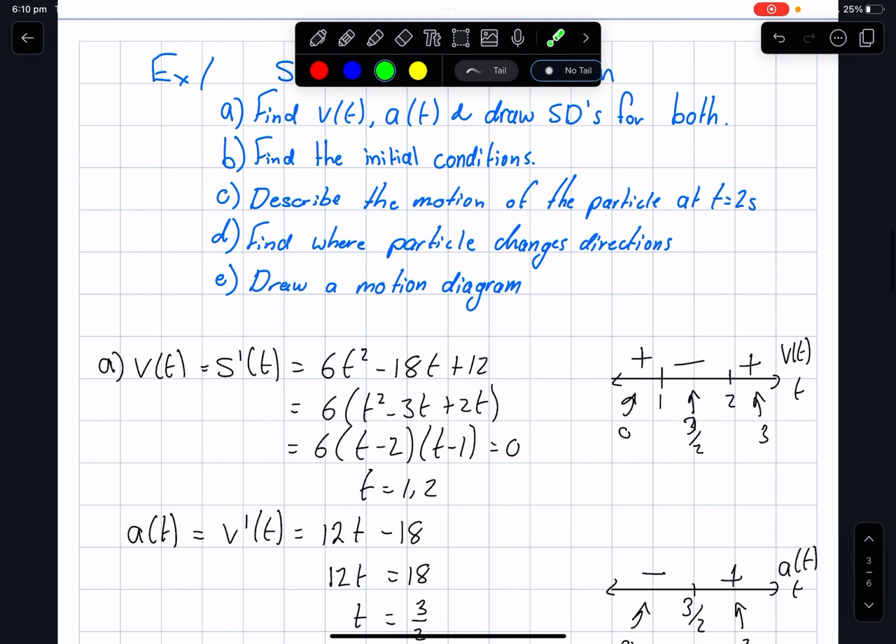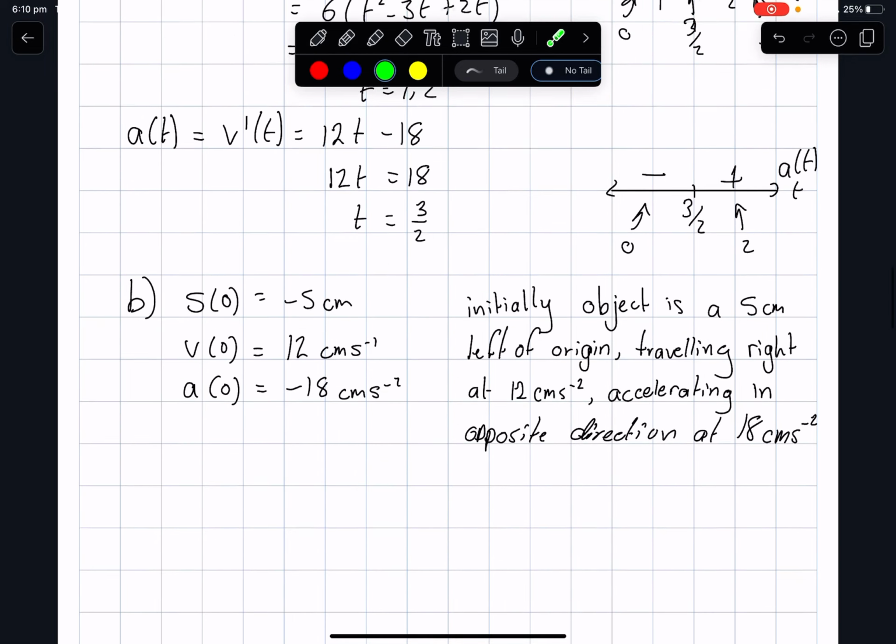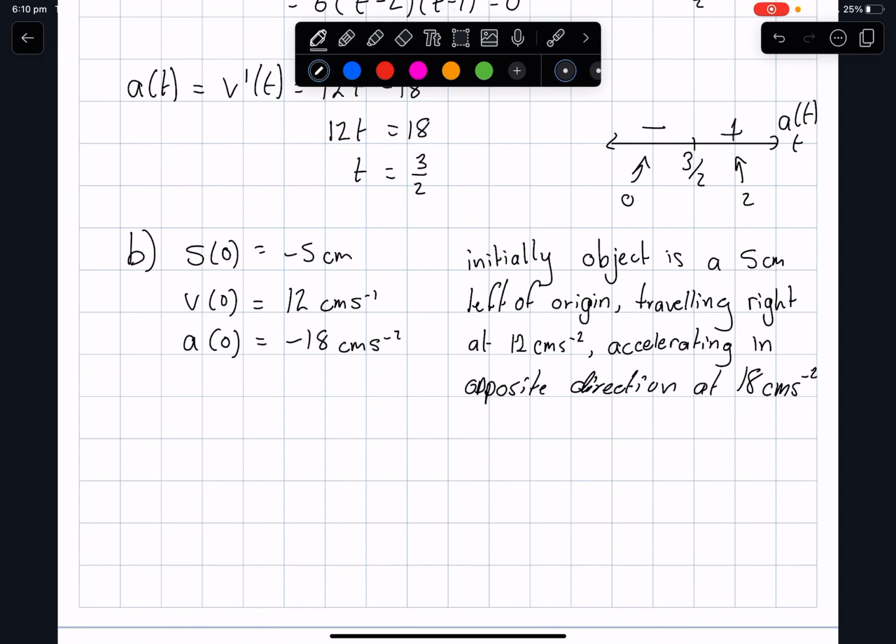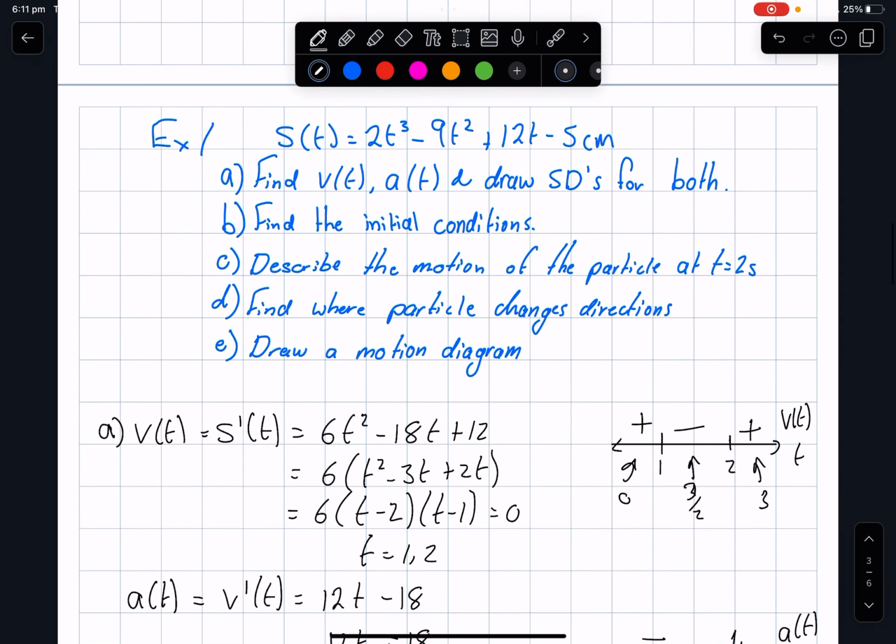Part C, describe the motion of the particle at time equals 2 seconds. So we're pretty much doing the exact same thing, but at 2. So S of 2, V of 2, A of 2 equals. I'm just going to quickly grab my calculator and calculate this. So 2 times 2 to the power of 3 minus 9 times 4 plus 24 minus 5.